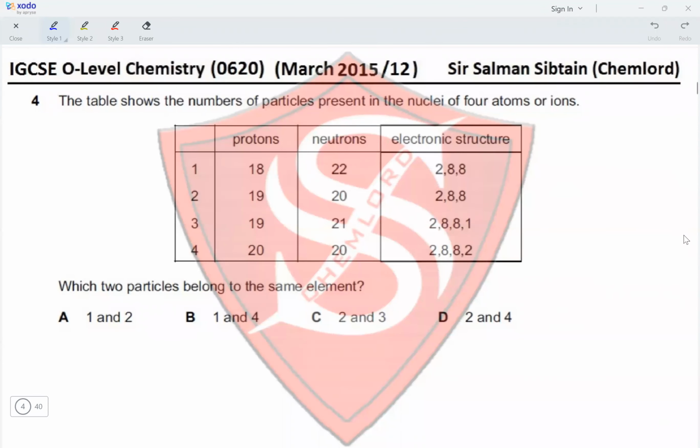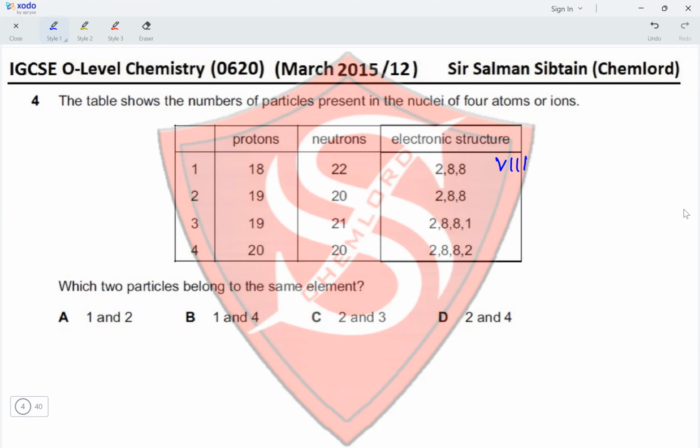Question 4. The table shows the numbers of particles present in the nuclei of 4 atoms or ions. The first particle has 18 protons, 22 neutrons, and an electronic structure of 2,8,8. Therefore, it belongs to group 8. It is a noble gas.